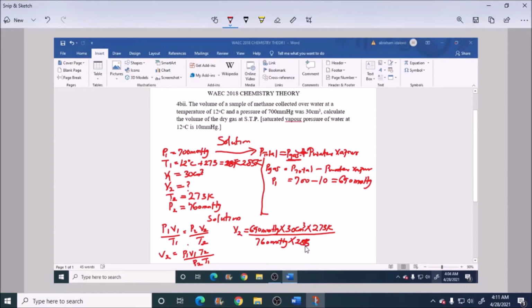Now we cancel millimeter mercury with millimeter mercury, and Kelvin with Kelvin.